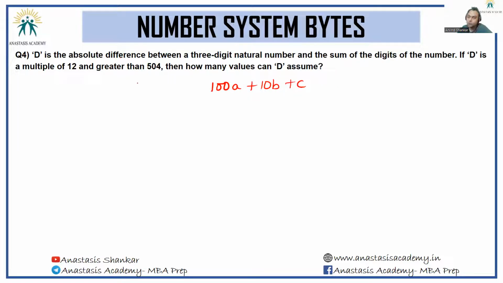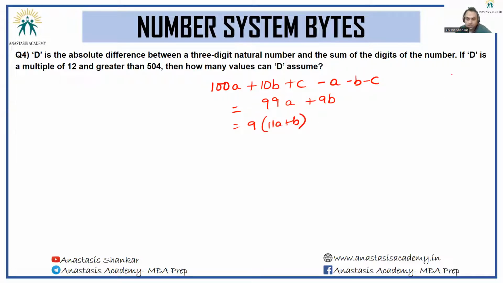And whenever you remove the sum of the digits of a number, the number will become a multiple of 9. Anyway, so minus A, minus B, minus C. C is entirely gone. I'm left with 99A plus 9B. Okay. So 9 times (11A plus B).